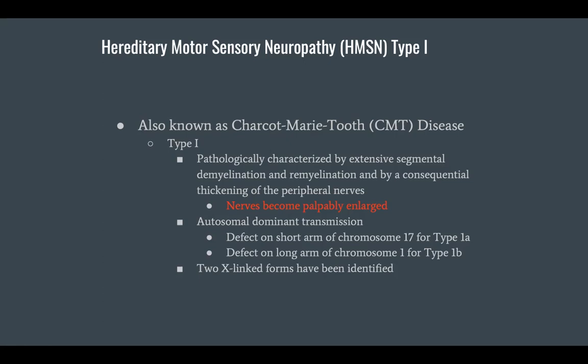Well, it's the same thing except with the nerves, with the myelin. So if we have constant rebuilding of it and taking it away and then putting a bunch back together, we're going to have this ropey feeling of nerves that aren't going to work as great. So that's what Charcot-Marie-Tooth is.